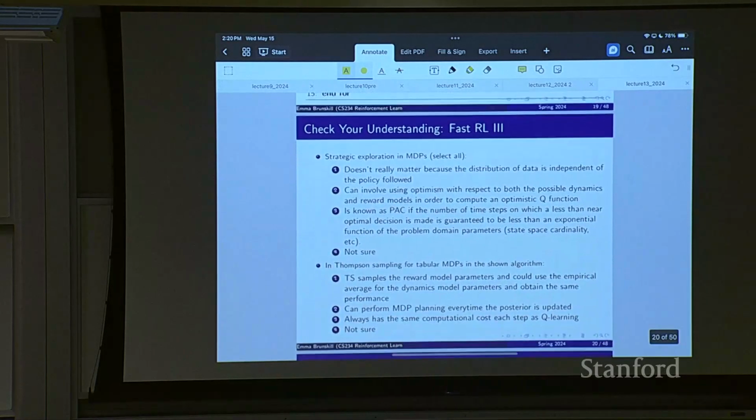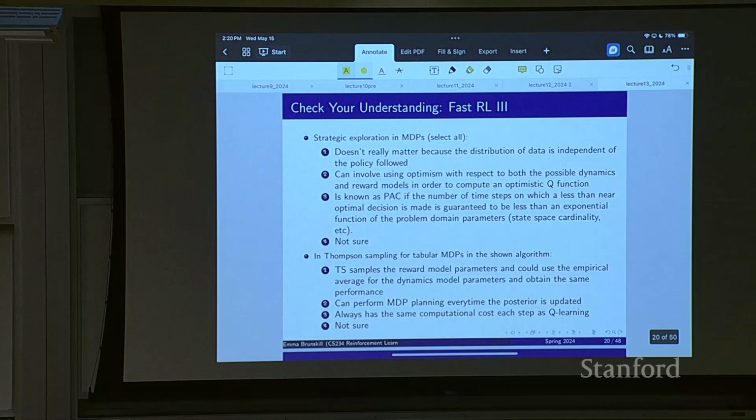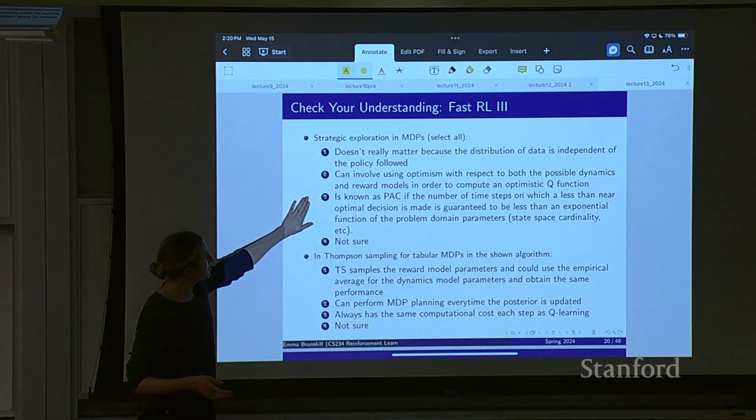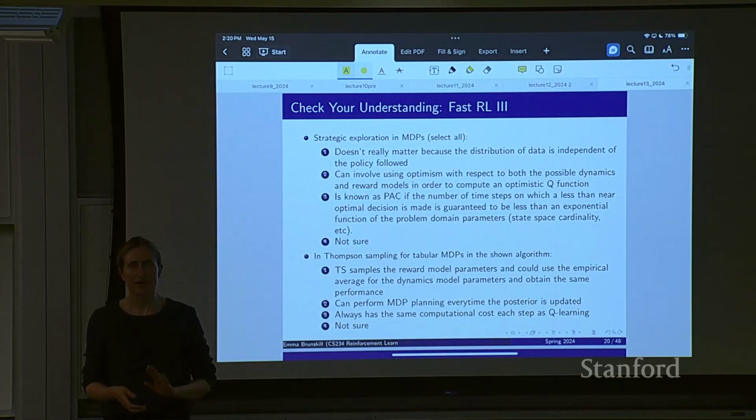Let's do a check your understanding, and then I'll talk a little bit more about why this is done in PSRL. This asks you to think a little bit about strategic exploration in MDPs and in Thompson sampling in the algorithm I just showed.